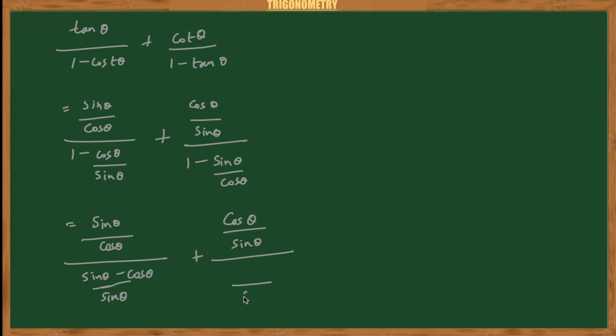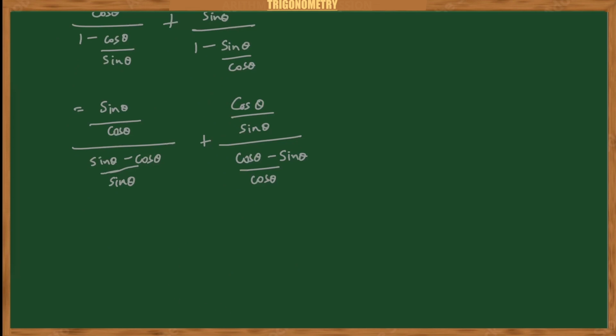So let's take the LCM. Cos theta, cos theta minus sin theta. Till now we've just done the simple simplification. So here, reciprocal is this, so let's try to simplify further. If it is down and it goes up, it becomes reverse.